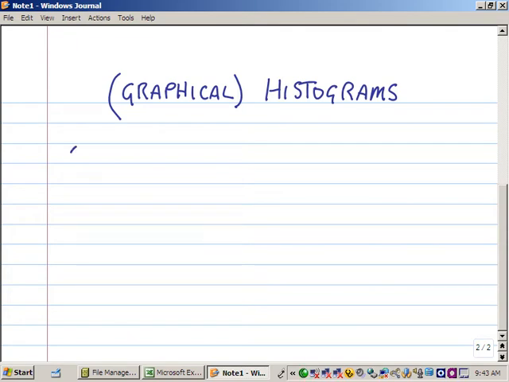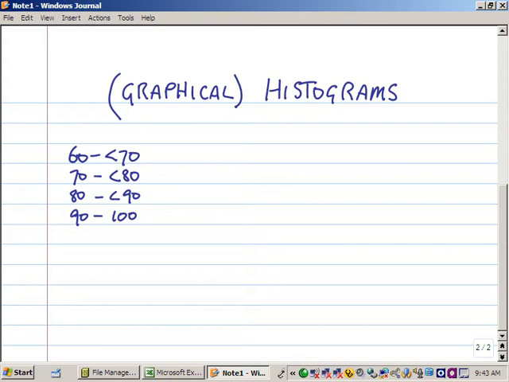Let's say that we have grades from a particular class, from a particular exam, and so the grade distribution, or the intervals for that, go as follows. And we'll let the last interval go through 100 and not be symmetrical with the others.